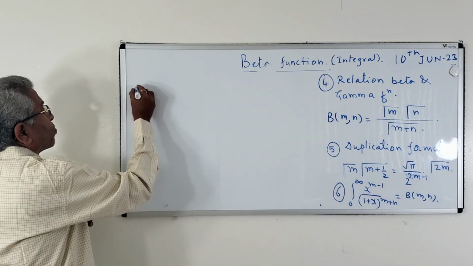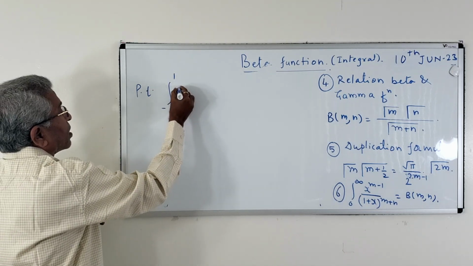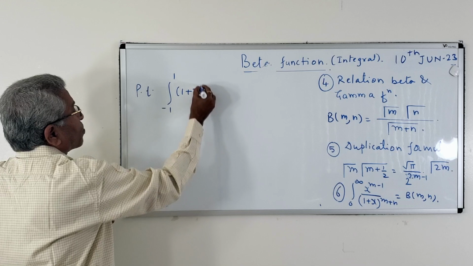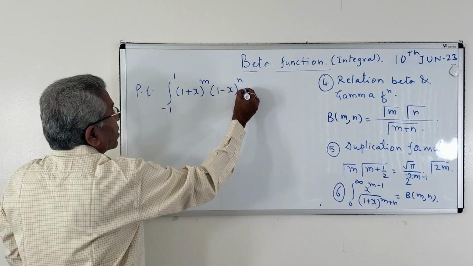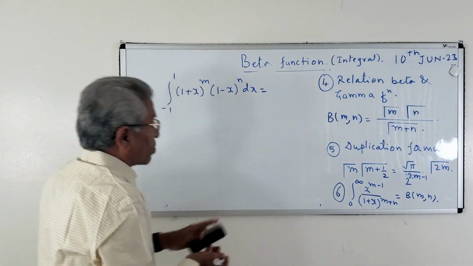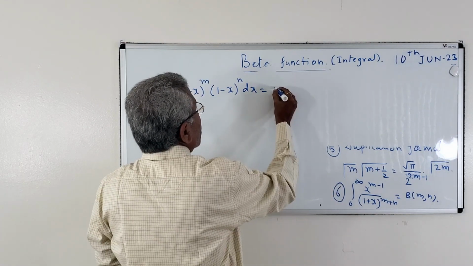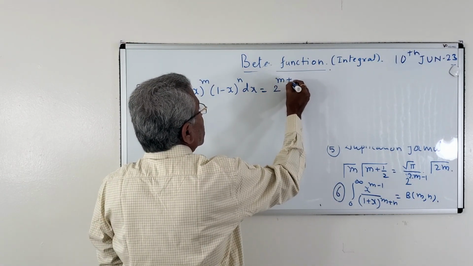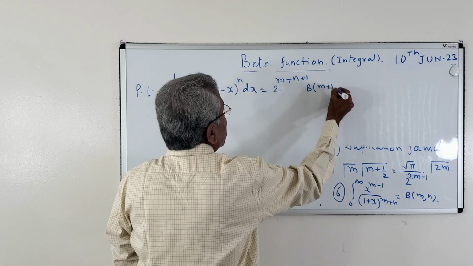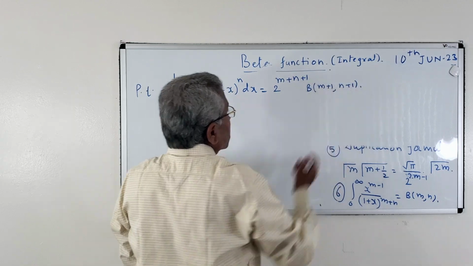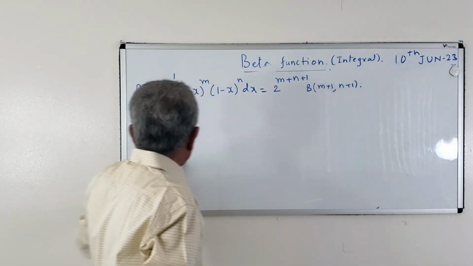Prove that the integral from minus 1 to 1 of (1 plus x) raised to m into (1 minus x) raised to n dx is equal to 2 raised to m plus n plus 1 beta(m plus 1, n plus 1). That is the result in terms of beta. So let us see again here.